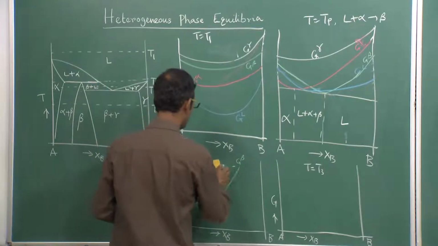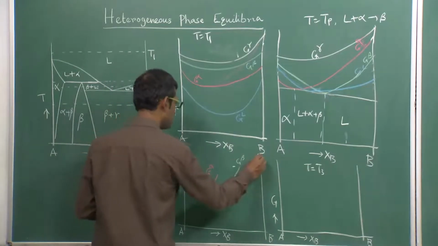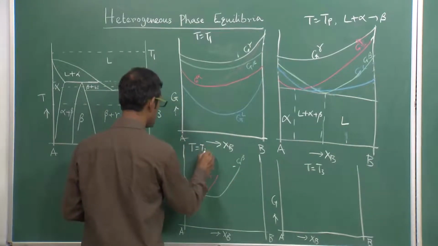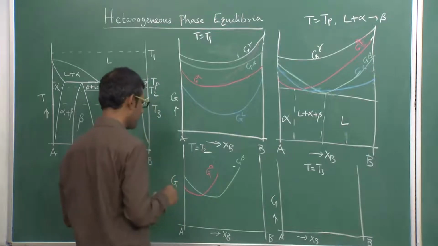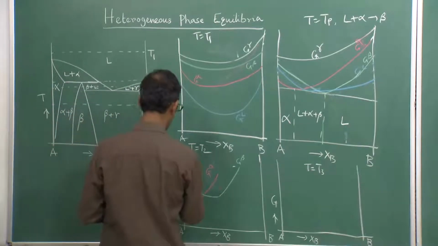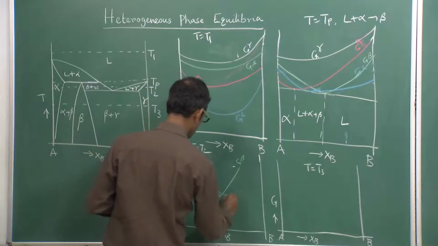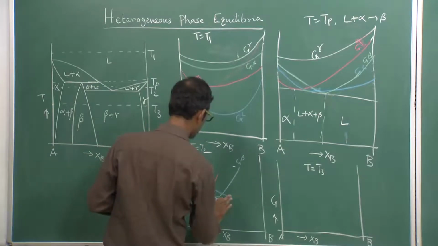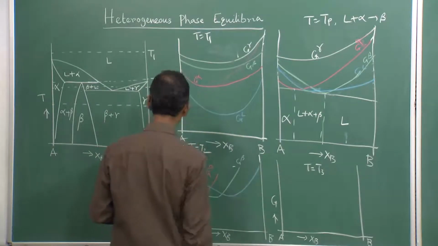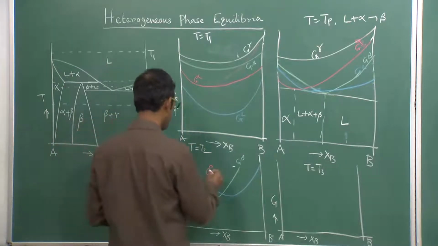Let me write this one at the top. Liquid will be blue, so liquid will come somewhere there, then a little crossover. Okay, and then you have gamma coming into the picture.